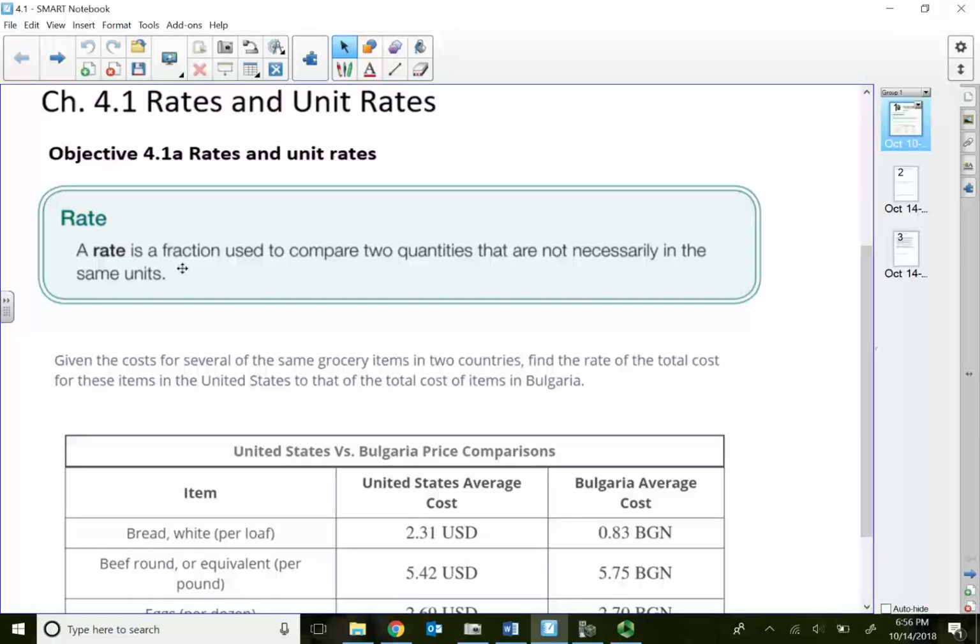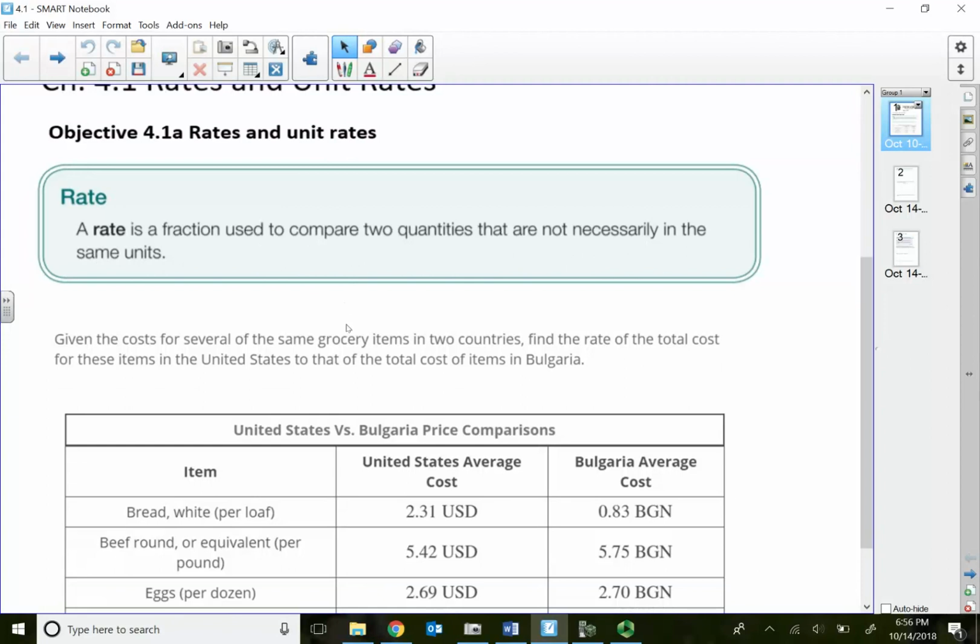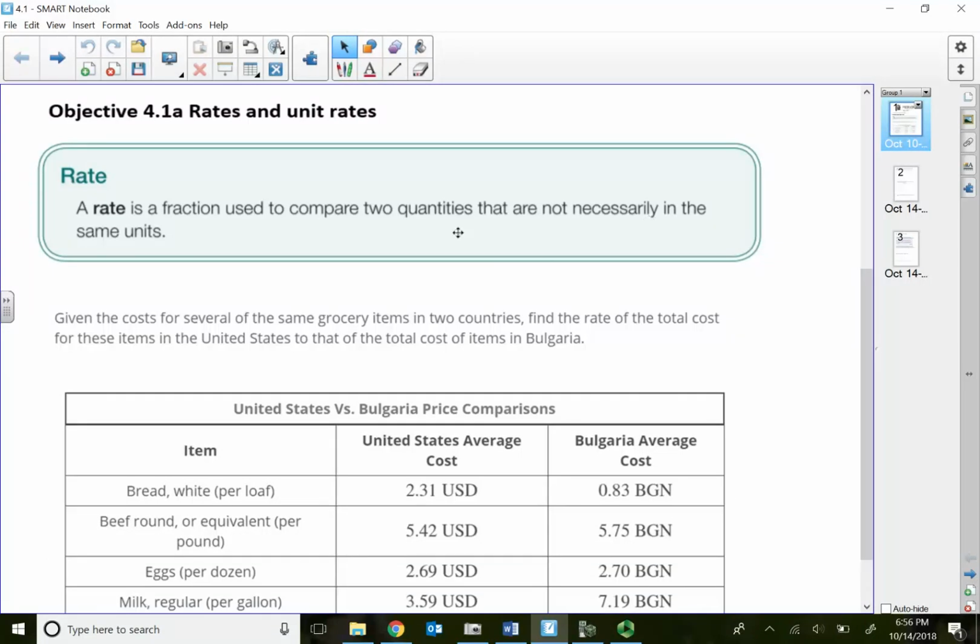A rate is a fraction used to compare two quantities that are not in the same units. When I have two things that are not in the same units, those are called rate problems.